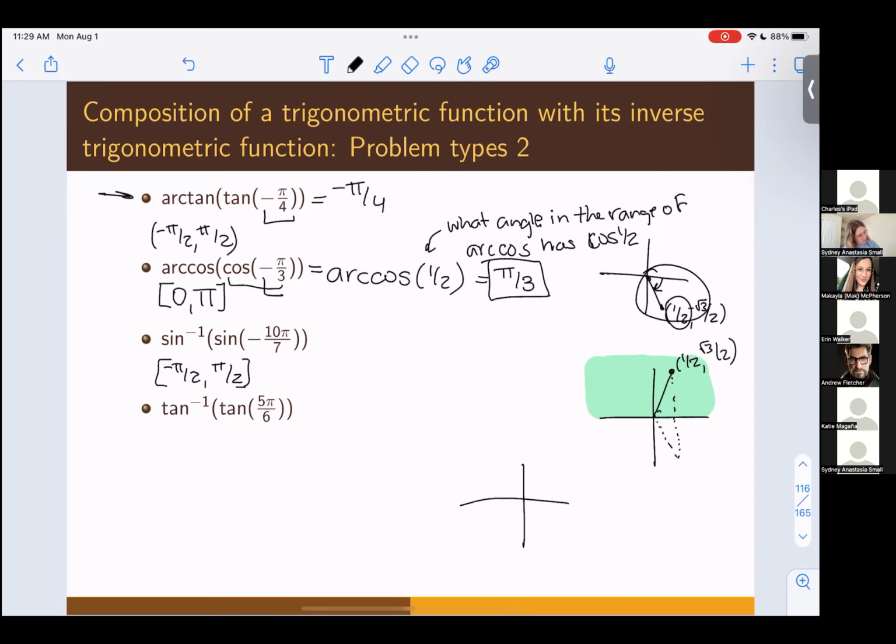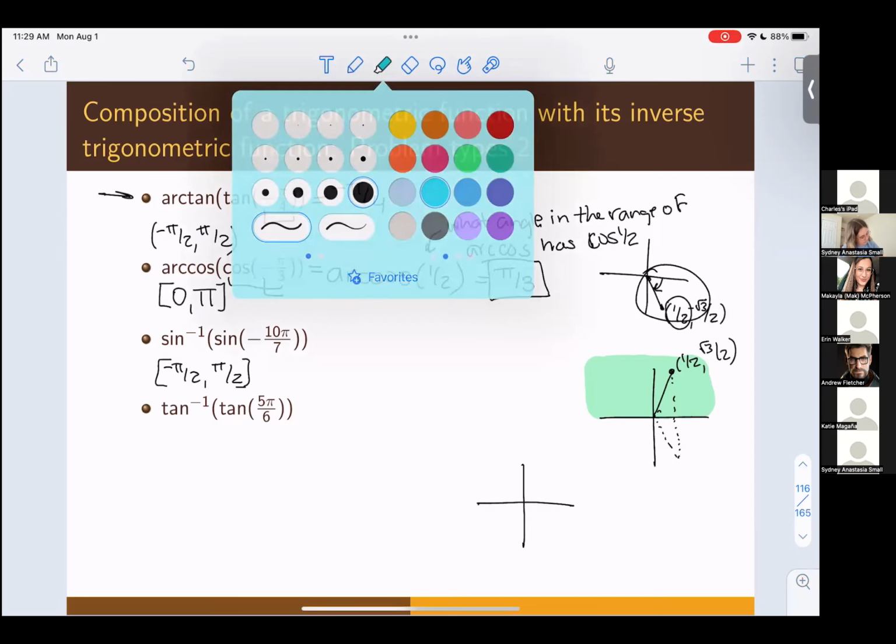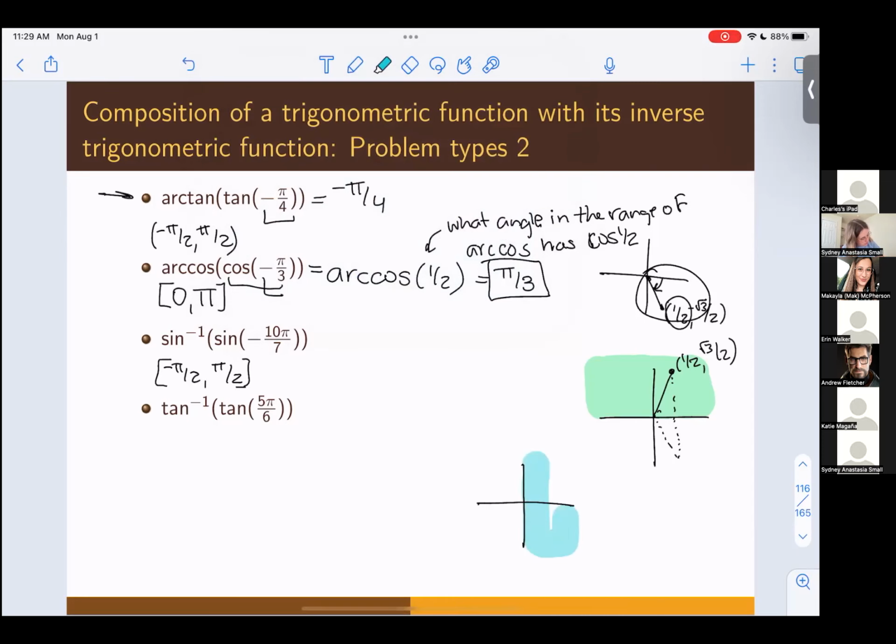Okay, here are my axes. And I know that the sine function, or the inverse sine, is defined here. So I'm just going to shade that in now. Now, where is negative 10 pi sevenths? Well, if I go around this way, negative direction, that is 7 pi sevenths.